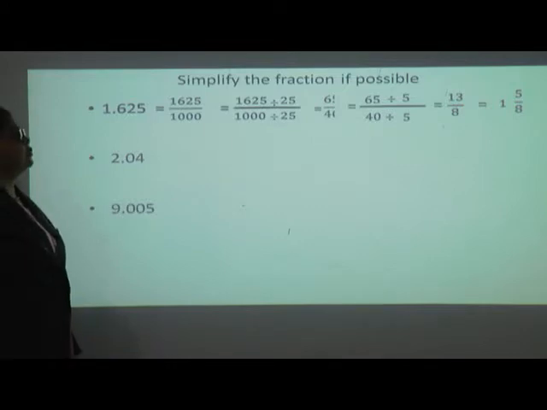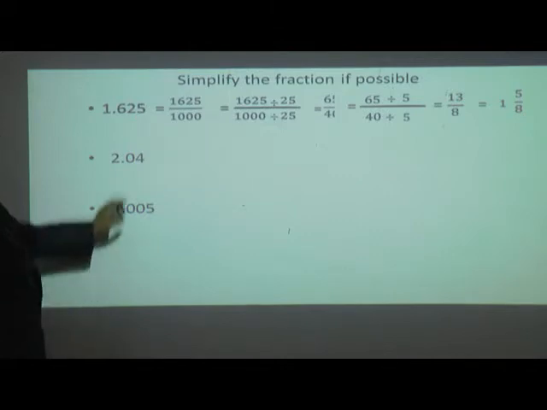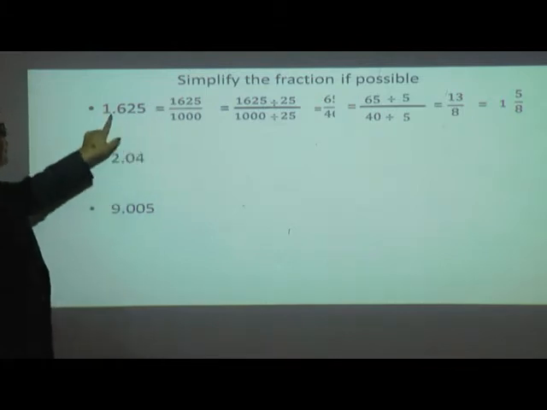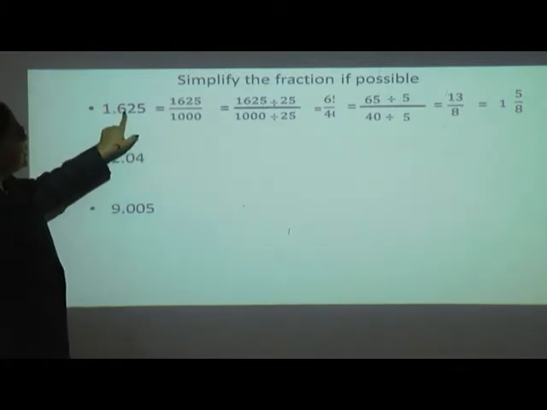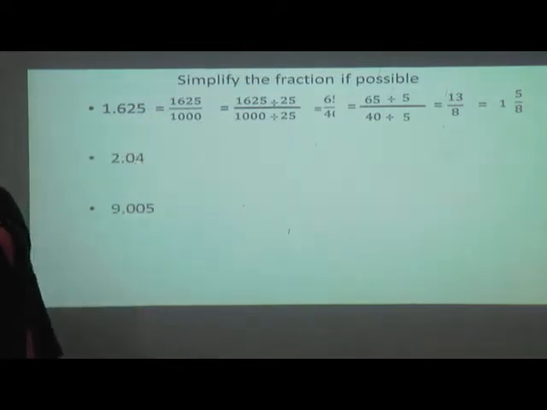Converting decimals into fractions we had seen in the previous class. Same we have to follow all the steps and we have to simplify. So 1625 upon 1 followed by the number of zeros equal to the number of digits after the decimal.